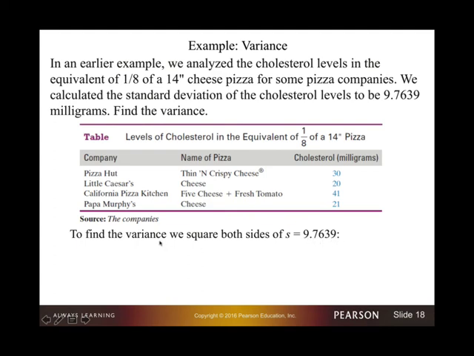So to find the variance, we just need to take the square of this. That will be 95.3. When we take the square, we also have the squared unit. So the variance is 95.3 milligrams squared. Okay, that's it for this session.